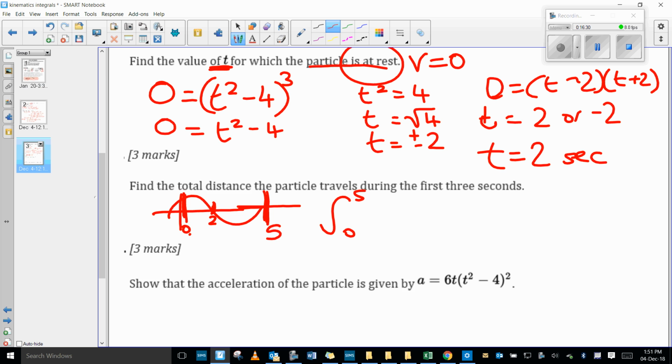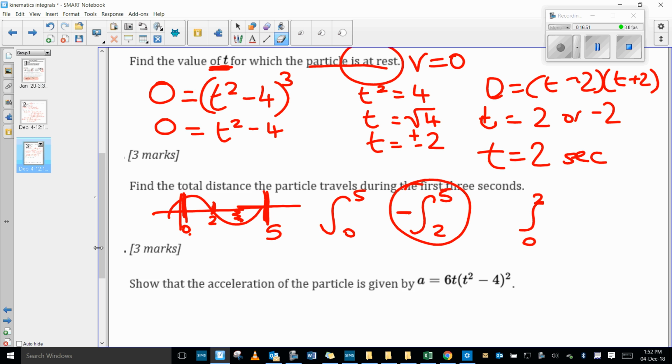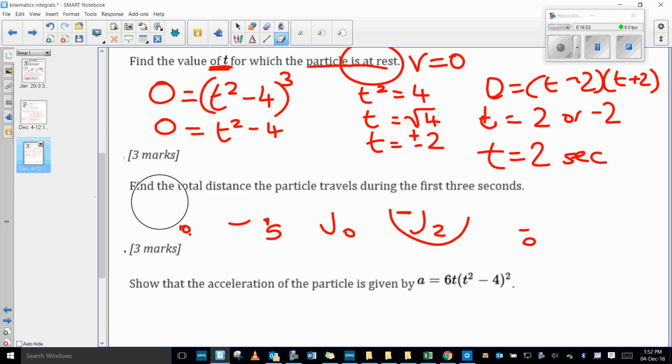I would have to find the integral between 5 and 2, and then 2 and 0, and make sure I negate this one, because negate just means make it the opposite sign, because it's underneath.